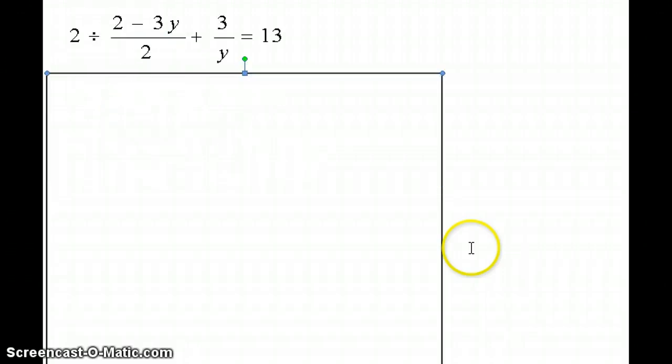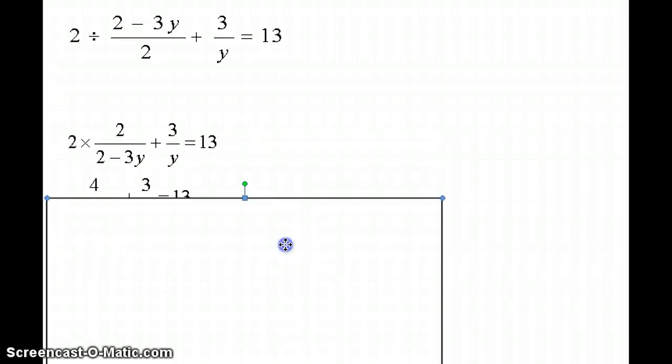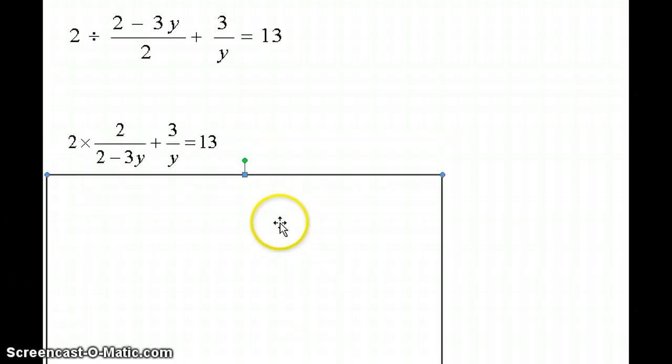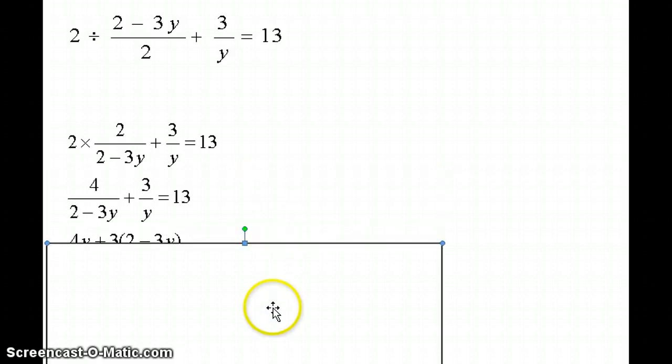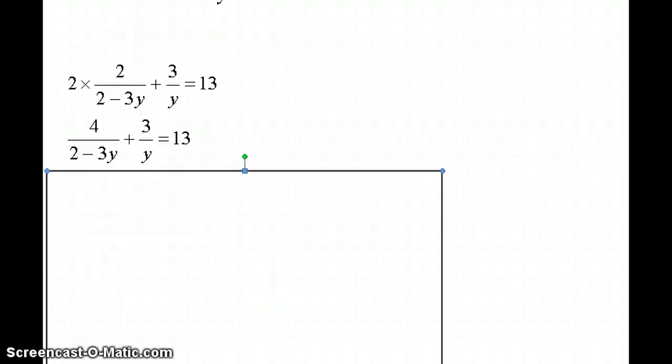So what we can do is just manipulate it slowly. I change division into multiplication first, giving me this, right? And then I simplified it. So again, you will see more fractions. In this case, the addition of two fractions with different denominators.